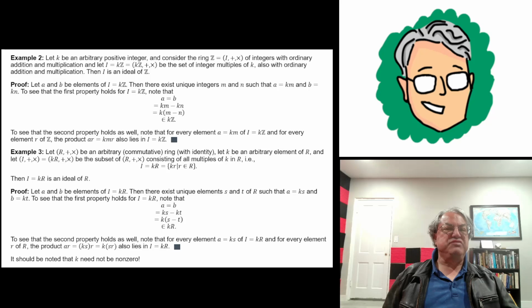A minus B is KS minus KT, which is K times (S minus T). And obviously that's a multiple of K, so that is an element of KR. So that proves the first property.